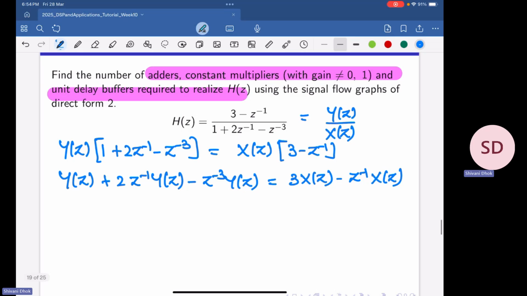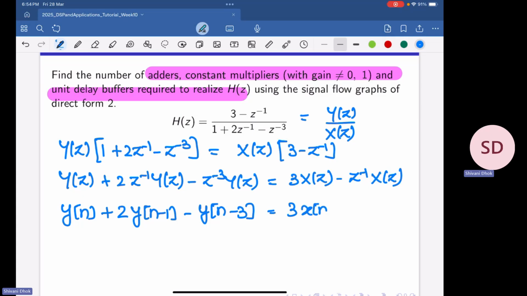The inverse z transform of Y(z) is y(n), plus 2 times z^-1 Y(z) has inverse transform 2 times y(n-1), minus y(n-3), which is equal to 3 times x(n) minus x(n-1). So now I can shift all the terms other than y(n) to the right hand side.